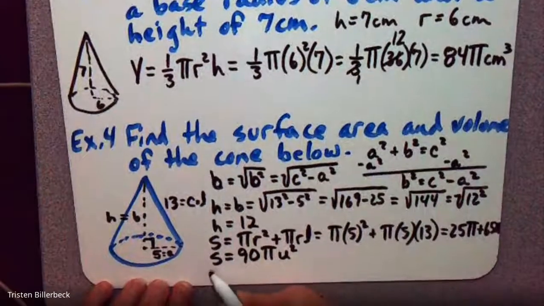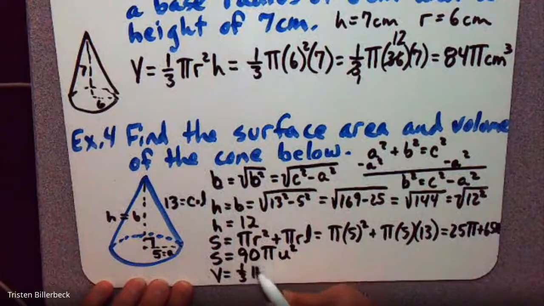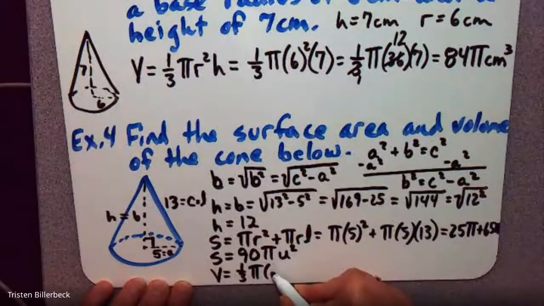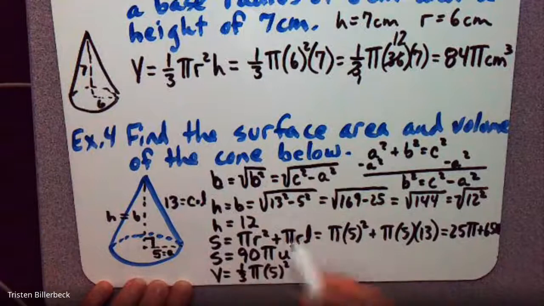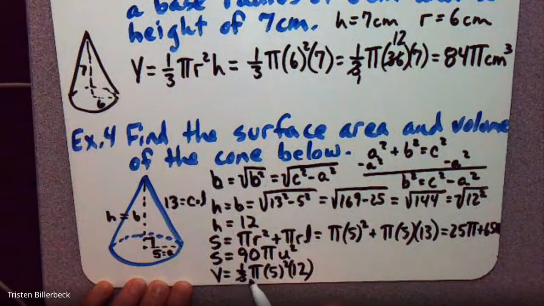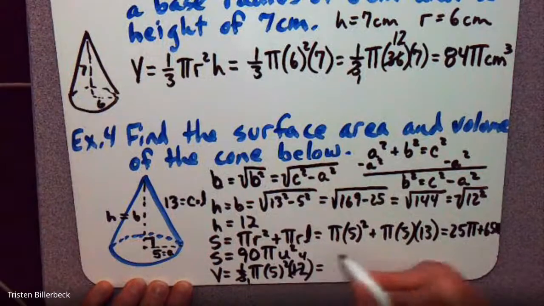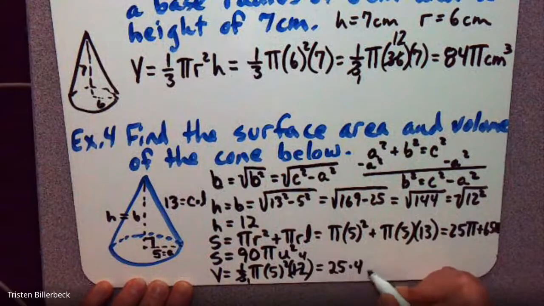Okay, so now let's look at volume. It is 1/3 pi r squared, which is 5 squared, times the height. The height was 12, thank goodness, because that is divisible by 3. So let's divide the 3 out and make that a 4. 5 squared is 25, so we have 25 times 4 pi.